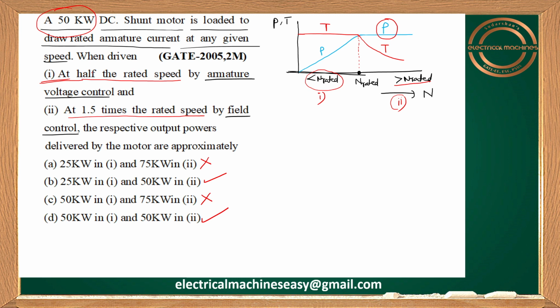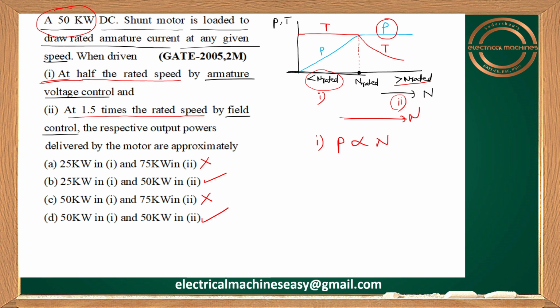In case 1, at half of the rated speed by armature voltage control method, he's asking for power. So guys, in below rated speeds, I already told you that your power is directly proportional to speed. As n increases, your power increases, so I can write P proportional to n as the relation.